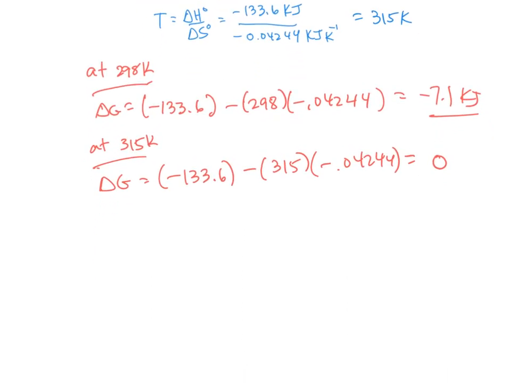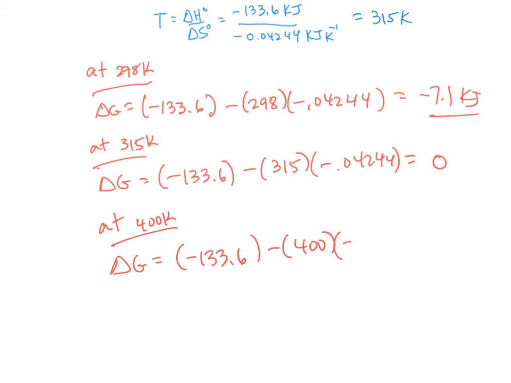And then just pick some arbitrary higher temperature, greater than 315, we'll say 400 Kelvin, why not? Delta G here is negative 133.6 minus 400 times negative 0.04244, and this is plus 36. So you can see from this that at temperatures below the transition temperature, it's spontaneous because delta G is negative.